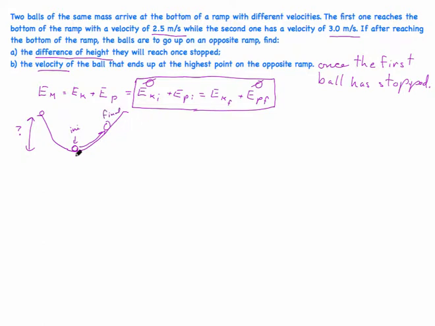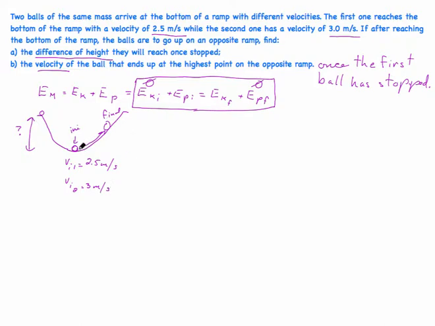Okay, and we have two different velocities. V initial for the first ball, as we said, is 2.5 meters per second. For the second ball, the initial value of the velocity will be 3 meters per second.